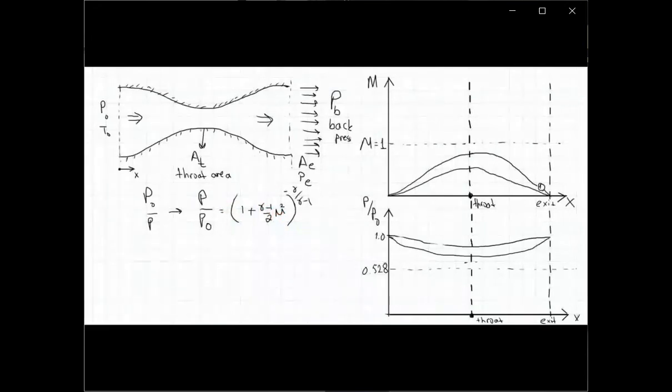So therefore, if we keep reducing our exit pressure, we can reach a condition such that the Mach number will increase, sorry for my bad drawing, reach the sonic condition and then drop down again.